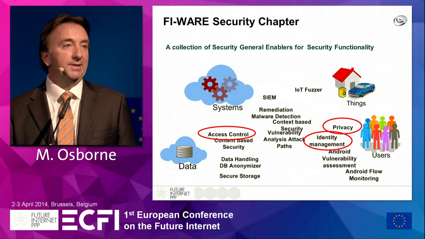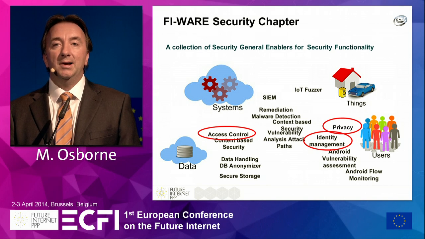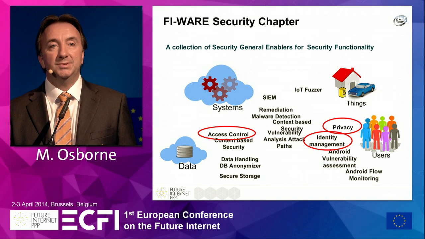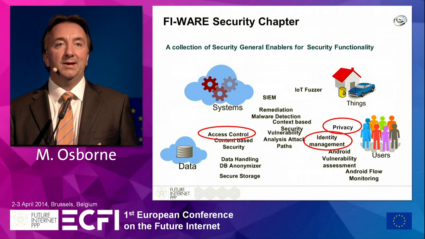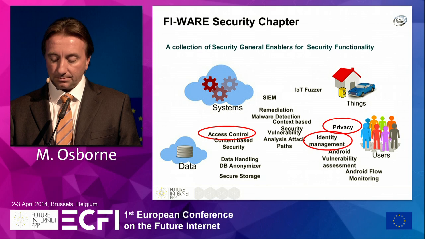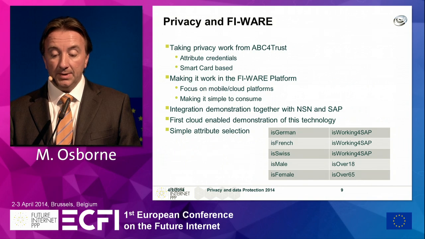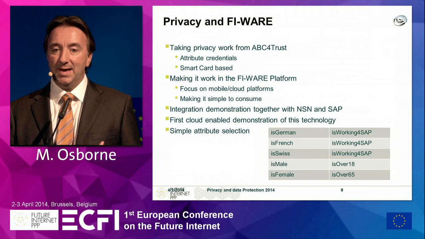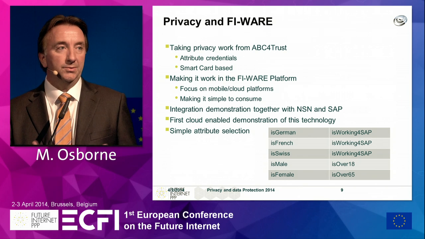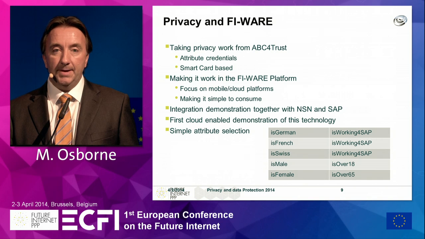The scenario is kind of a Dropbox scenario where you can use certain attributes in order to access certain files. Three companies, IBM, SAP, and NSN, have been working on this demo, and we're German, French, and Swiss companies.